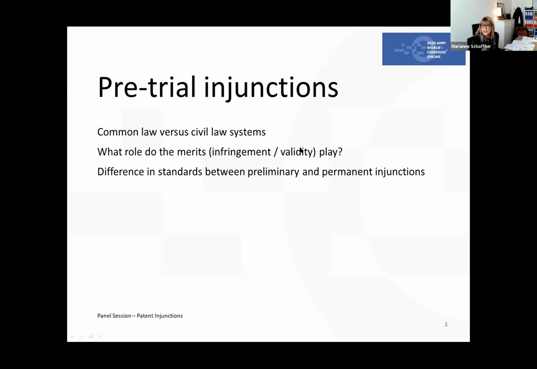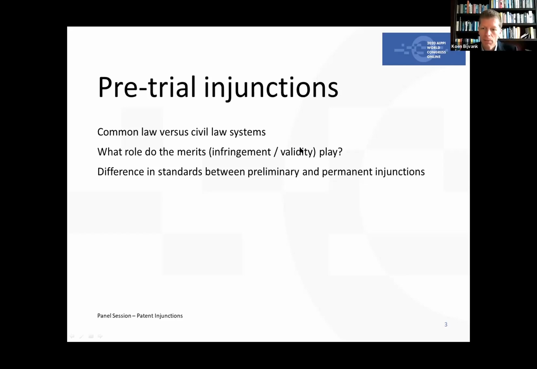It's not that it will never prevail. Maybe it's because it has not been proven enough. But at the moment, there is no injunction which has been refused on the basis of public interest on the merits level, I would say.